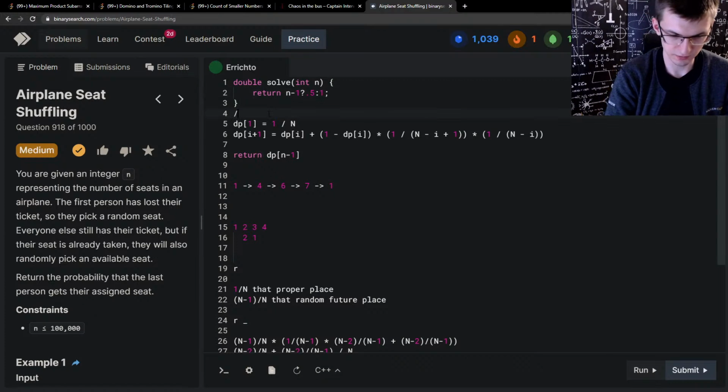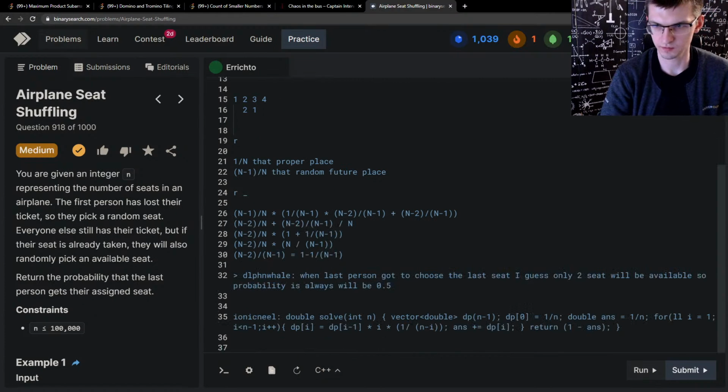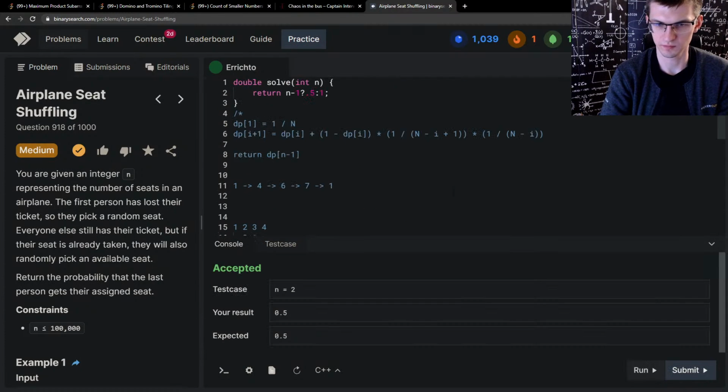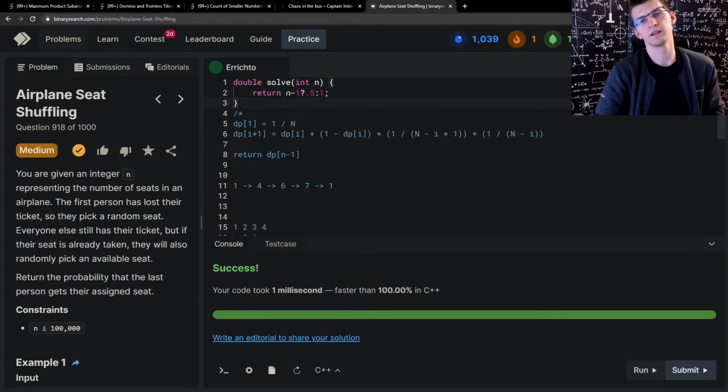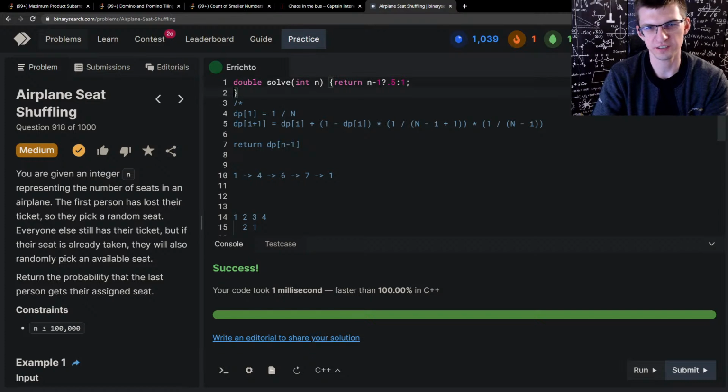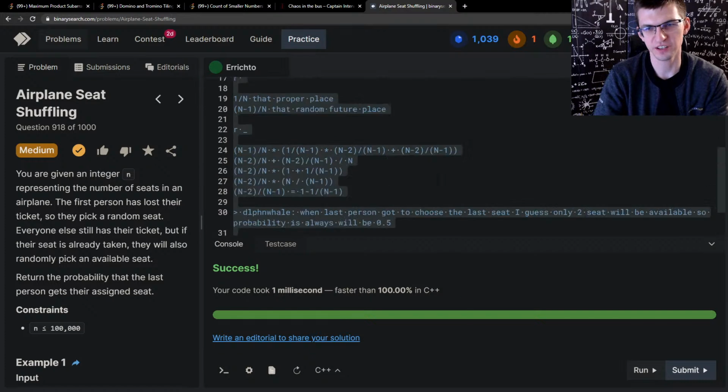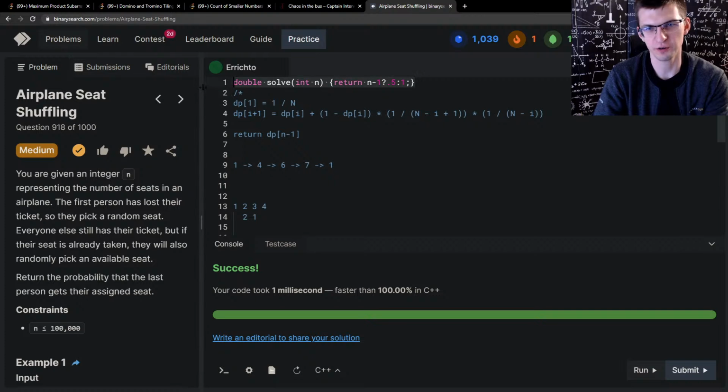This will compile. Can we do shorter? Minimum. I don't think we can do shorter than that. Also remove white space, remove all the comments, and you have quite a short solution.